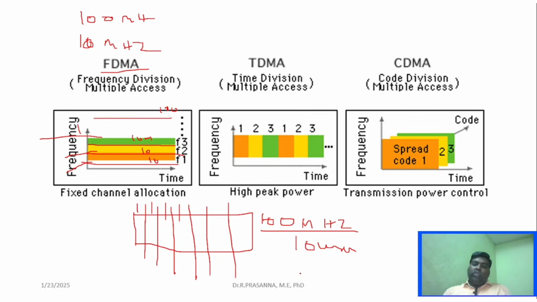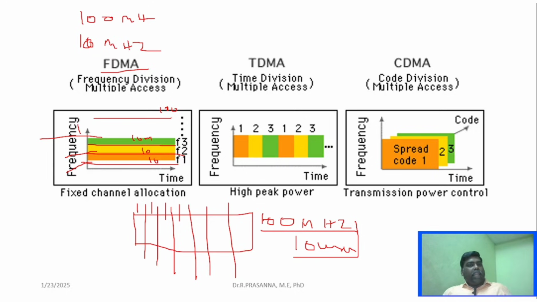All the 10 users can access the complete 100 megahertz at any time, right? How is it possible? Each and every user will be allocated a separate, unique code, which will make all the communications very unique, right? So no overlapping will take place. So that is called code division multiple access.